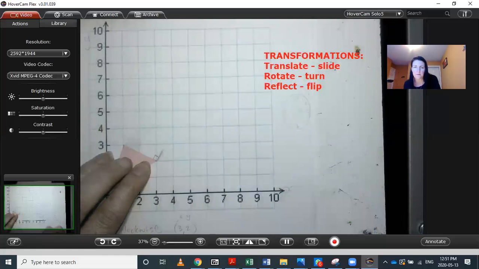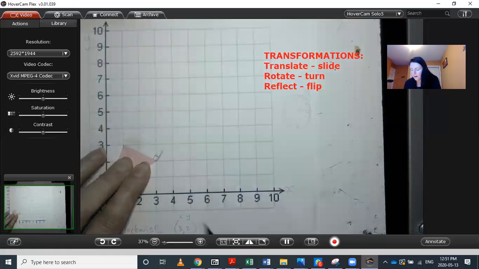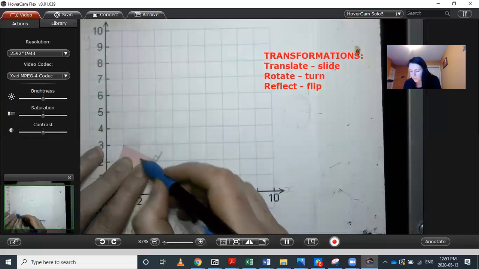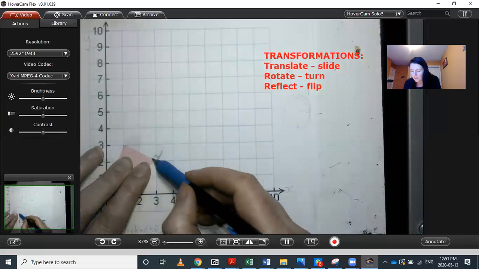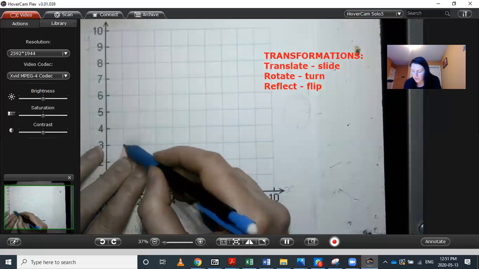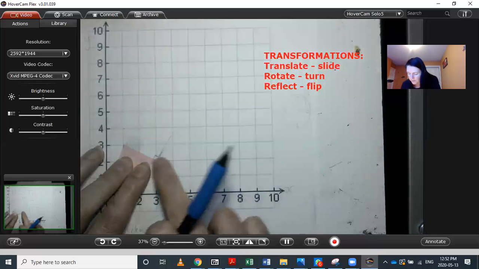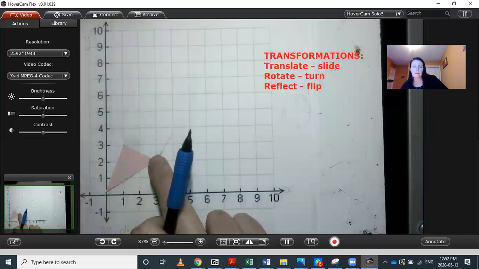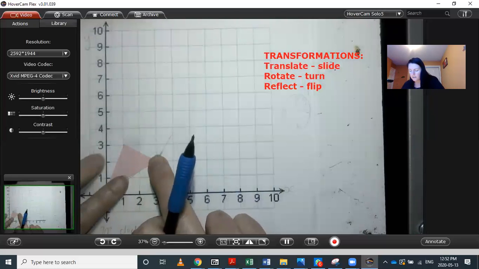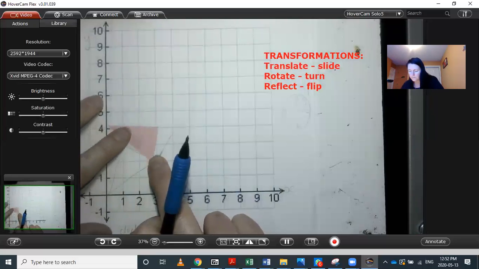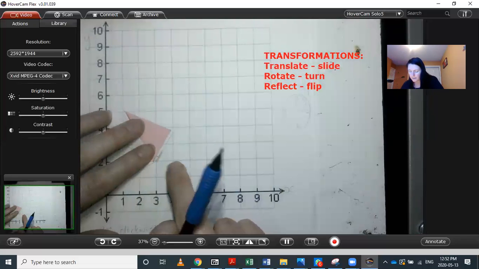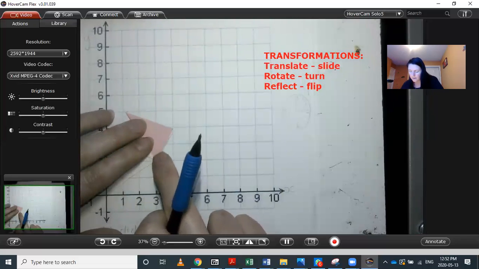It would have to form a corner of that square. So we're going to rotate this shape until this part of this triangle is facing straight up that way. Okay? We're going to keep it on that point because that's the point where we're rotating it. So let's go. All right, 90 degrees clockwise.